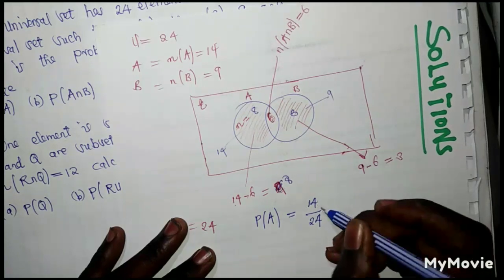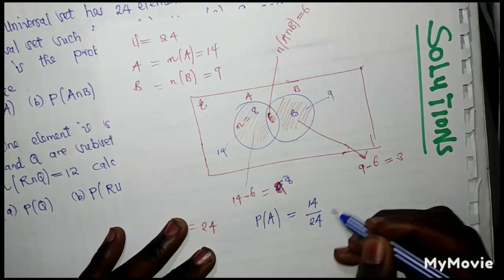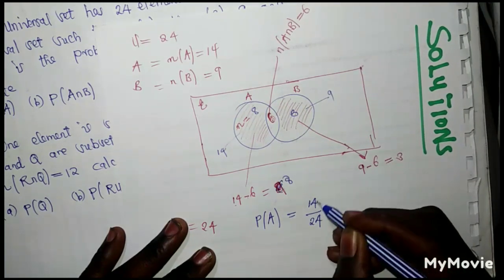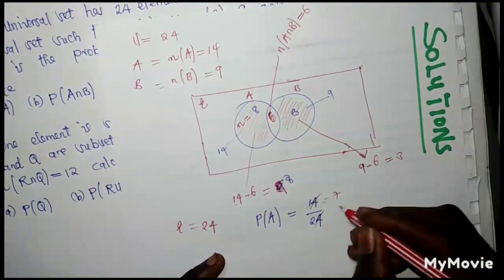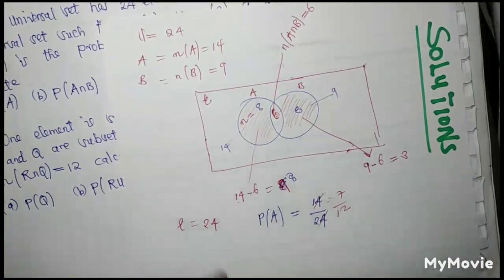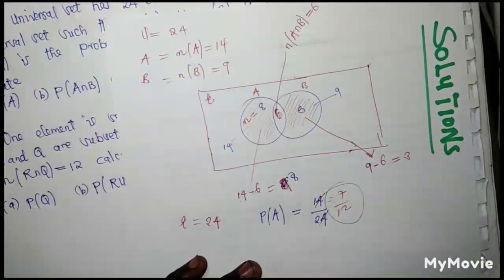So if we simplify this, 2 in here, that is a 7, 2 in here, that is a 12. So this is the simplest fraction.